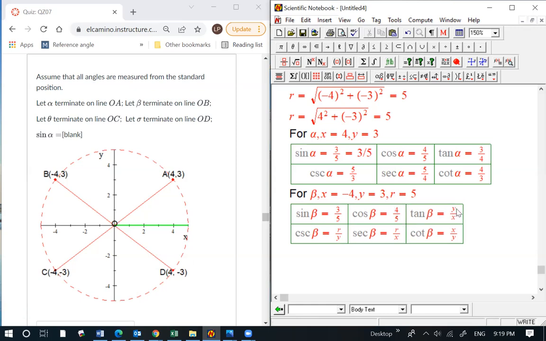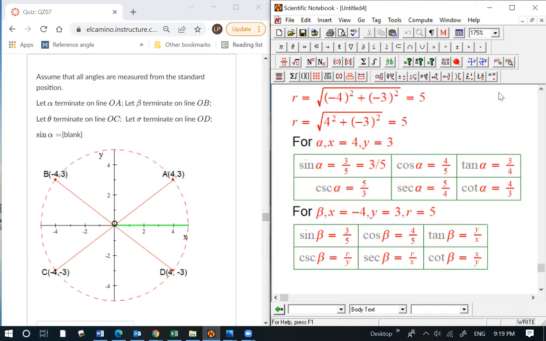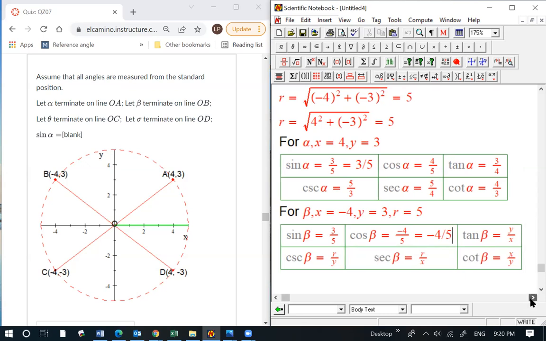No, so I need to make the fonts a little bit larger. 175%. Okay, so this is -4. When you enter the answer, you write -4 over 5. That's what you do, because we want you to enter the precise value.